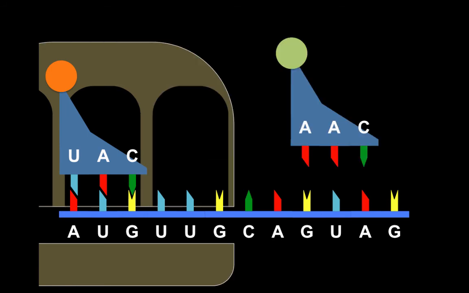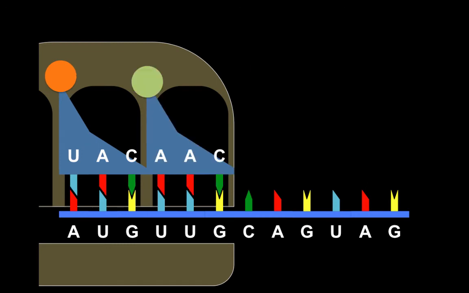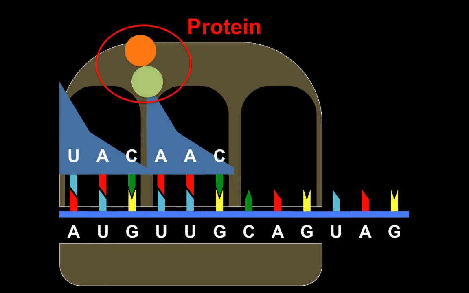the ribosome is going to shift down, just like an assembly line. And then the next tRNA that matches up with the right codon and brings its own amino acid is going to come in. The ribosome is going to shift down, and notice the ribosome has now put those two amino acids together to start forming our protein.